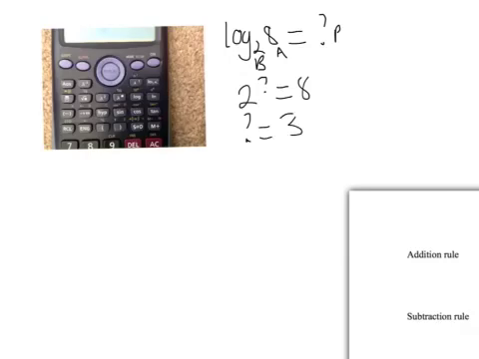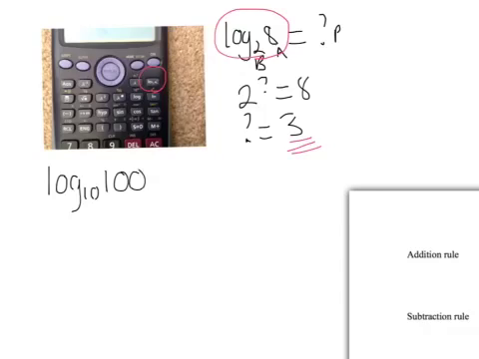Well, your calculator will do that for you. If you look there on that little button, you can type log to the base 2 of 8 in, and it will give you 3 as your answer. That's the first thing. The second thing I want to show you is that log to the base 10 of 1,000 is obviously 3, isn't it? But if we wanted to work out that it was 3, we could just use that red button and type in log to the base 10 of 1,000.